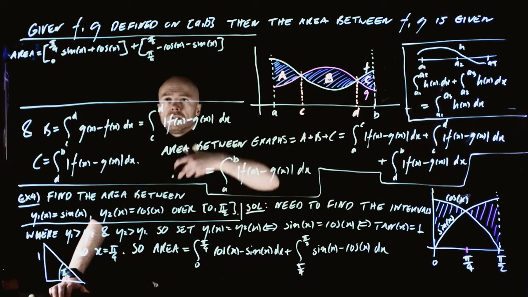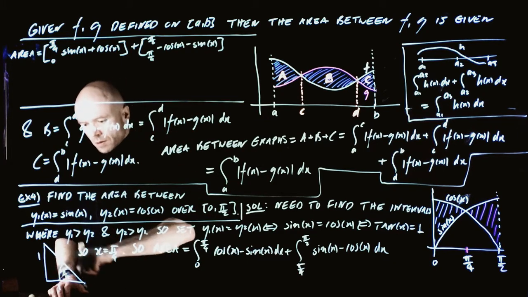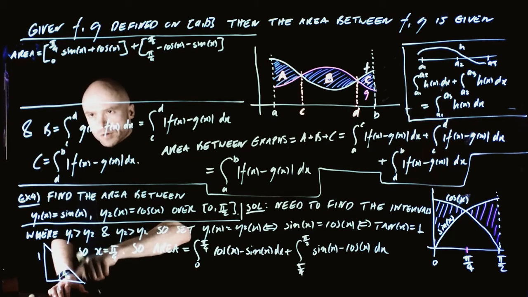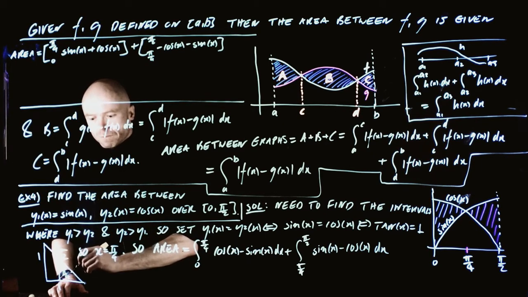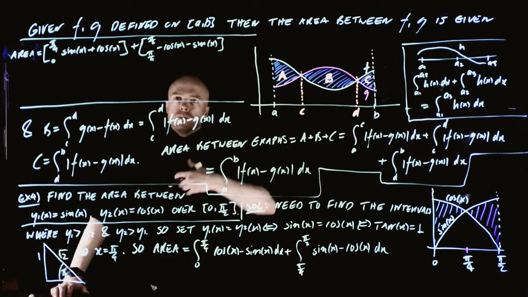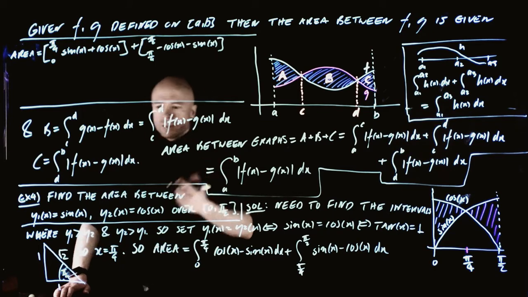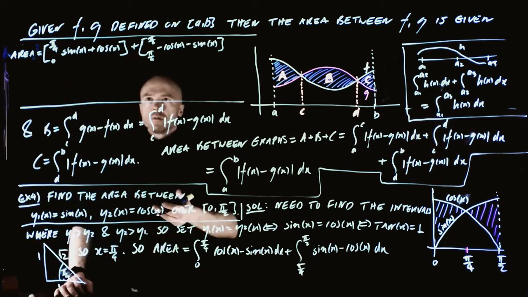Sine is going to be the opposite divided by the hypotenuse. So from this side and this side, the hypotenuse is this side squared plus this side squared, square rooted. So this side is square root of 2. Cool. So sine of pi over 4 has got to be 1 over root 2. And for the same reason, cosine of pi over 4, just the adjacent divided by hypotenuse, again 1 over root 2.